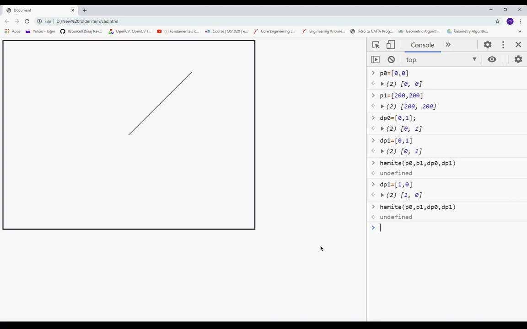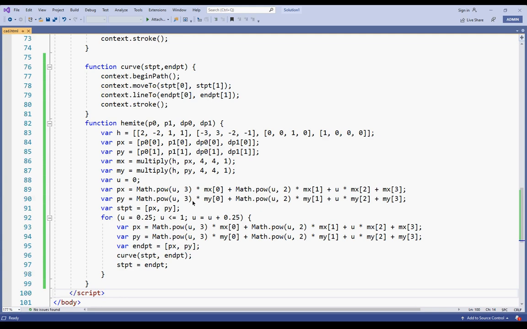I am getting a line, that's very clear. Okay, so I just go ahead. This is always going to be px, py, multiple values. I did not get the meaning.